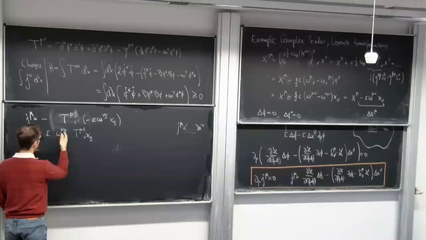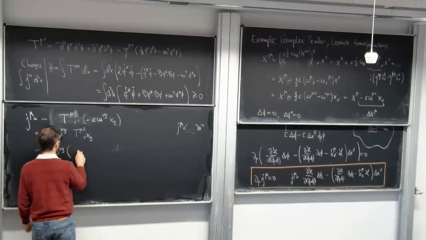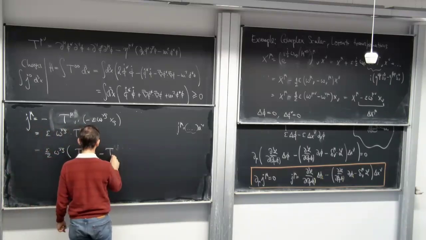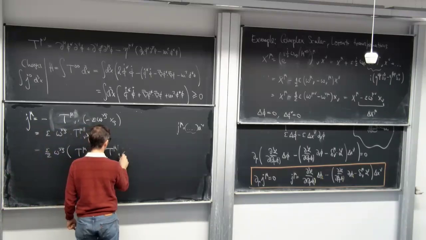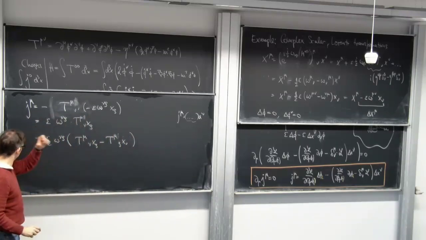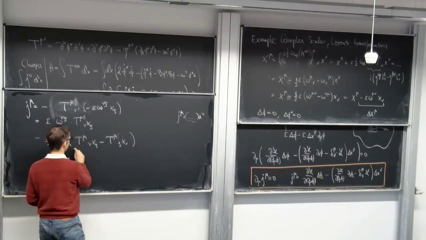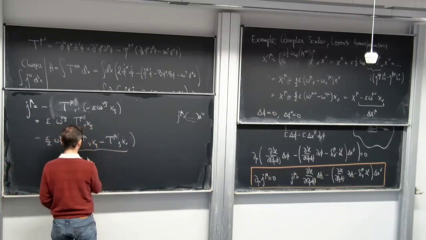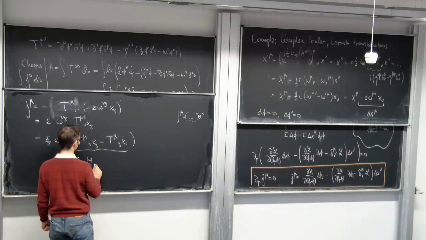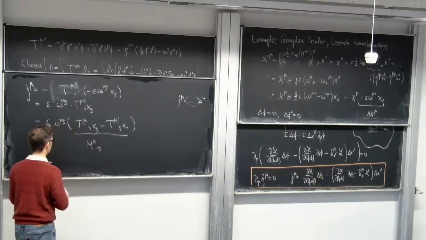I'm antisymmetrizing it, and then we have epsilon half omega mu rho, T mu nu x rho minus T mu rho x mu. And now I can pull this all out, and I can call this, if I wanted to, my current M mu rho, or I say the current.